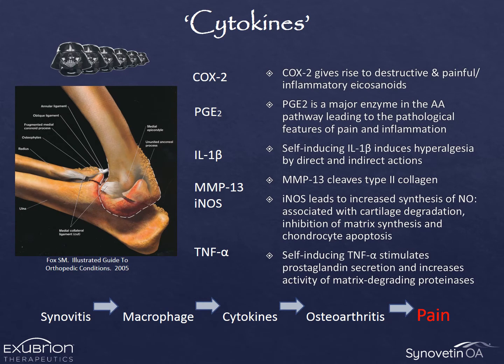The lineup of destructive and pathologic factors in osteoarthritis is extensive. However, the major players are arguably cyclooxygenase 2, prostaglandin E2, interleukin-1 beta, matrix metalloproteinase 13, iNOS, and TNF-alpha.